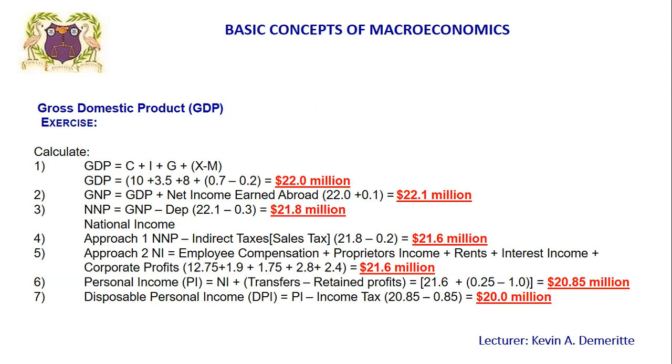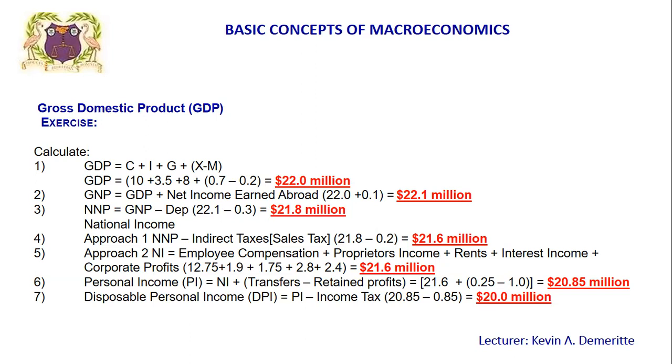Because we're supposed to be calculating the same thing, national income. And whether we're using the first approach or second approach, we're still measuring the same amount of money coming into the economy and coming into the pocketbooks of our people, whether it's individuals or businesses. So it should give us the same answer. And in this particular case, it does.